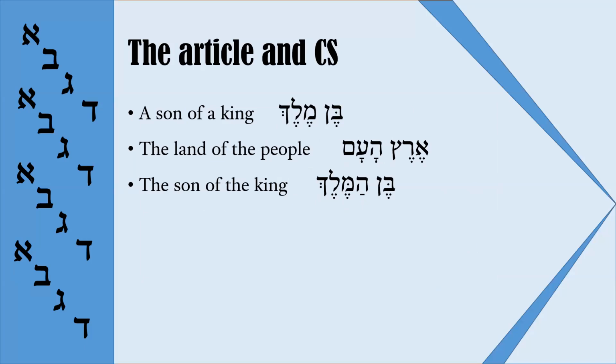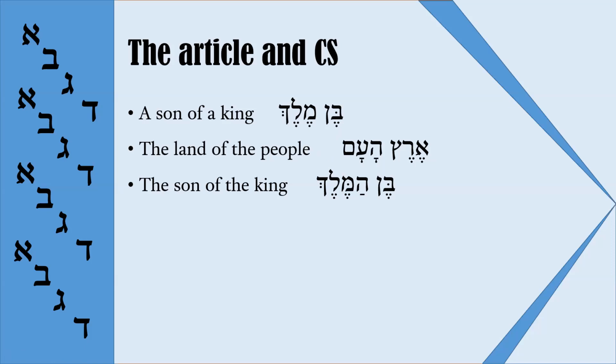Yes, Prof. Thank you. Yes, this is correct. It was my mistake. Eretz Ha'am should be translated the land of the people because Am, people, has the article Ha. So it means the entire construction, this phrase, is definite. It is exactly this land of these people, not just a land of people, but this exactly definite land.